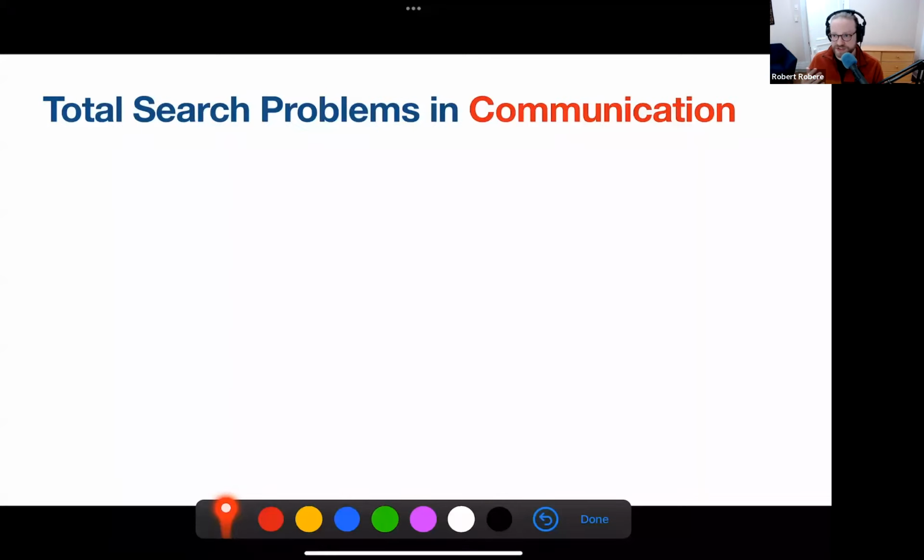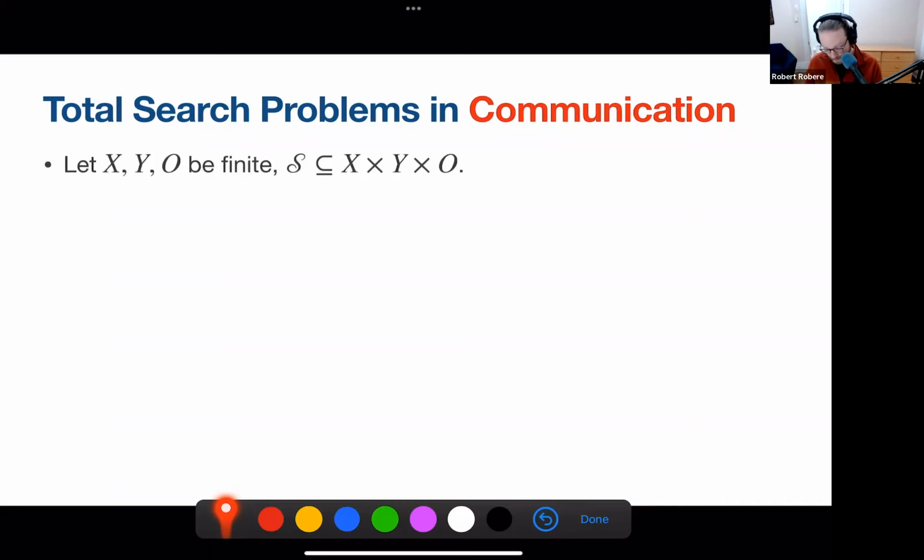Cool. So let's take a step back and generalize a little bit. Let's talk about total search problems in communication. We can do a very similar setup to what we just saw. If X, Y, and O are finite sets, then I can take a search problem in X cross Y times O. X cross Y is the input of the problem, and O is the output.